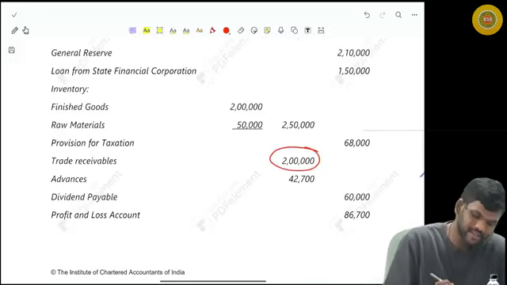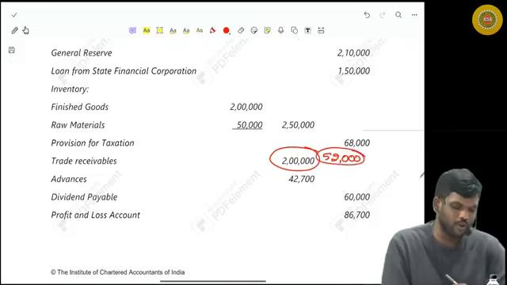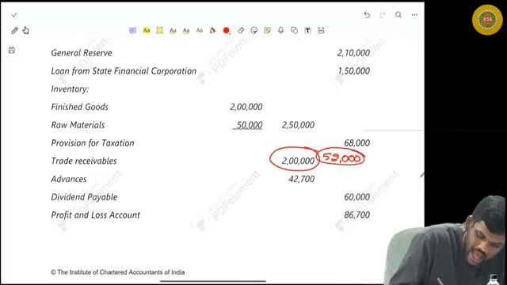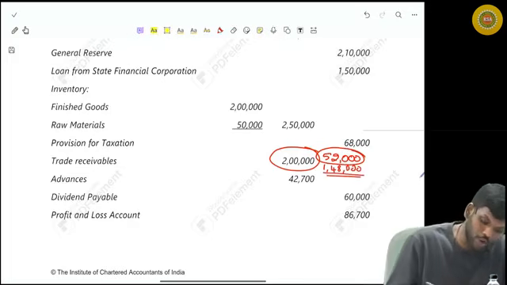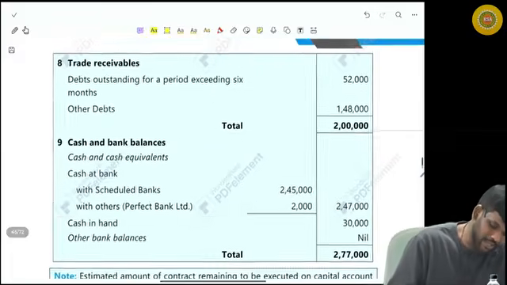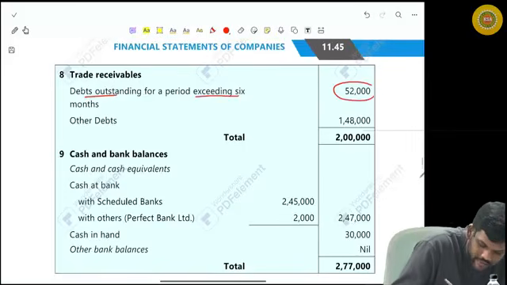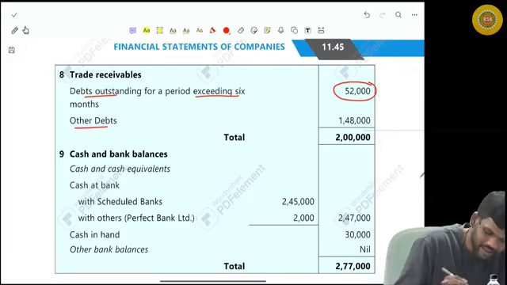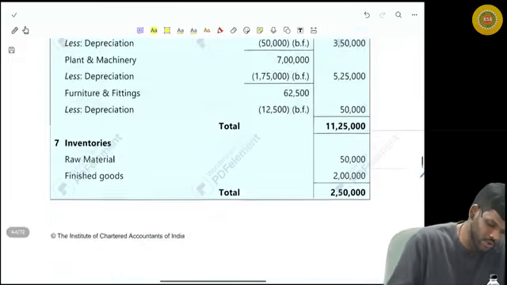In this 2 lakhs, 52,000 is due for more than 6 months and remaining 1,48,000 is due for less than or equal to 6 months. So in your notes to accounts, under trade receivables, debt outstanding for more than 6 months, that 52,000 they are showing separately. Other debt 1,48,000 they are showing separately. So ensure that you give this disclosure properly.